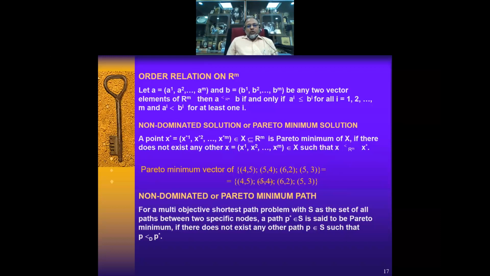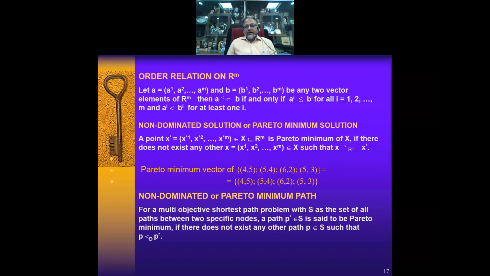Now, what do we mean by a non-dominated solution or Pareto minimum solution? This is very important to understand multi-objective optimization. So this terminology is very important. That is why I will explain with an example. A point x star belonging to capital X, a subset of R power m, that means an m-tuple, is a Pareto minimum. It is named after the author Pareto.